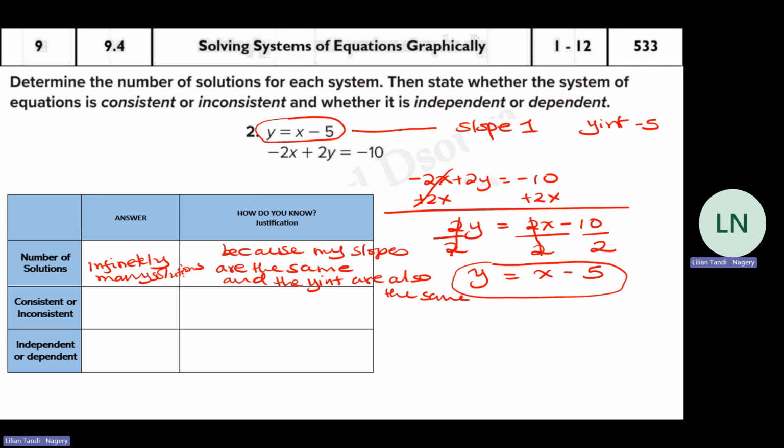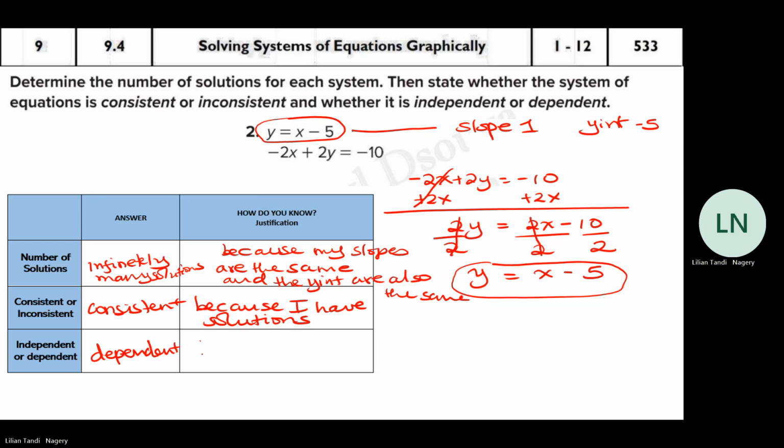Okay, and because you have solutions, you are supposed to be consistent, because I have solutions. Now, if you're infinitely many, you will be dependent. Dependent because I have only one line, or because my graphs are coinciding.